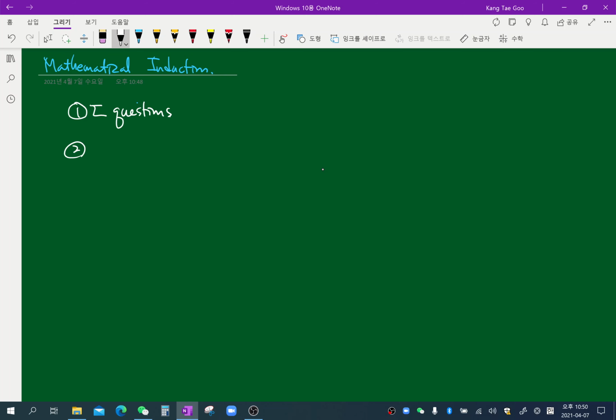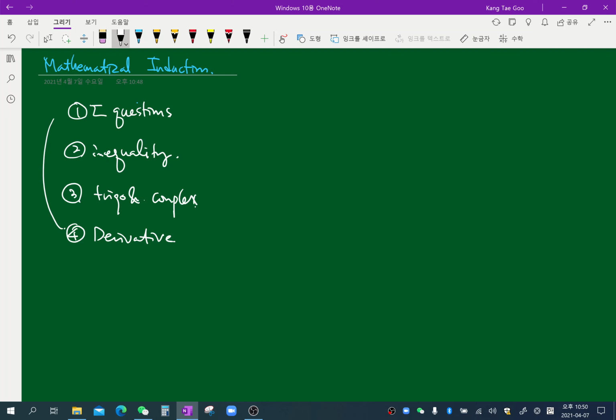The second is inequality questions. The third is trigo questions, trigo together with complex numbers. The fourth is derivative questions. So I can categorize mathematical induction into four different categories.